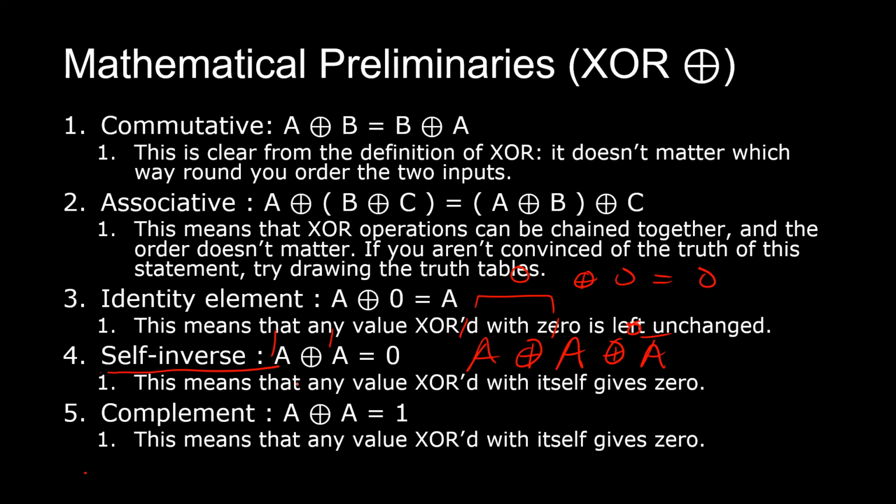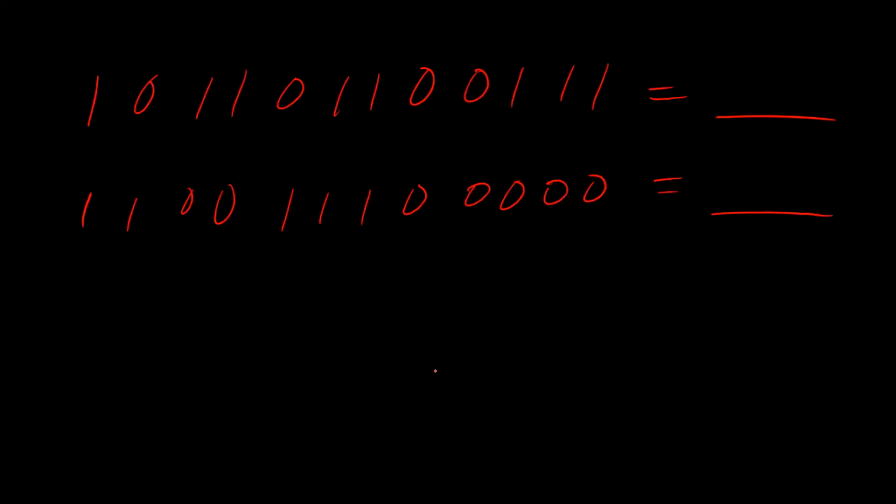So it'll always be 0 as long as there's an even amount of ones. In this case, if we count the ones, there's 1, 2, 3, 4, 5, 6, 7, 8. Even amount of ones, so we have a 0.